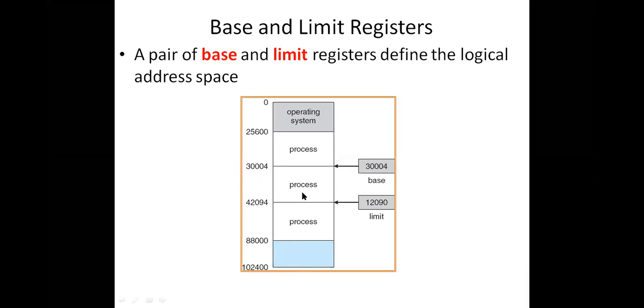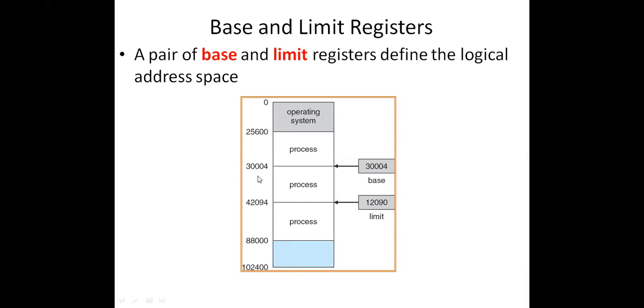And then what is the limit register? What does it contain? The limit register holds the size of the process. For example, 42094 is the ending address of the process. If you subtract 30004 from 42094, we get 12090.